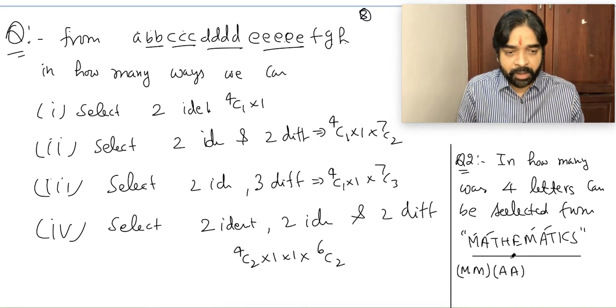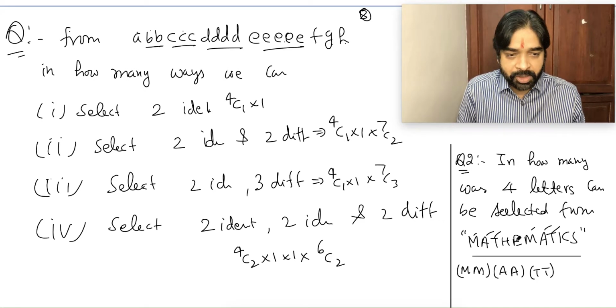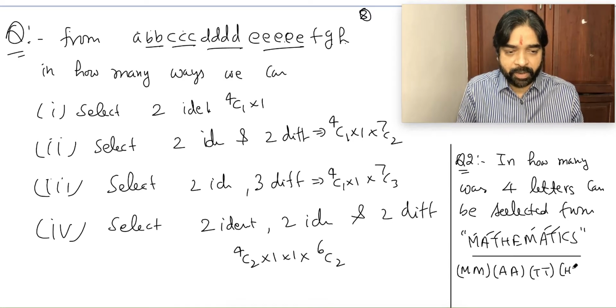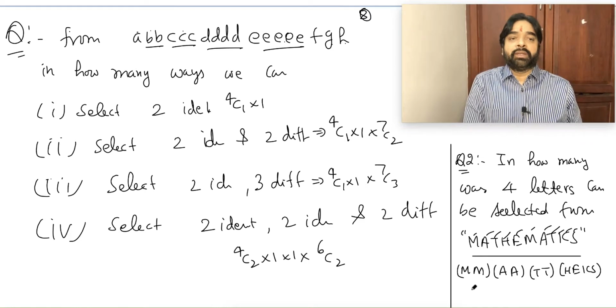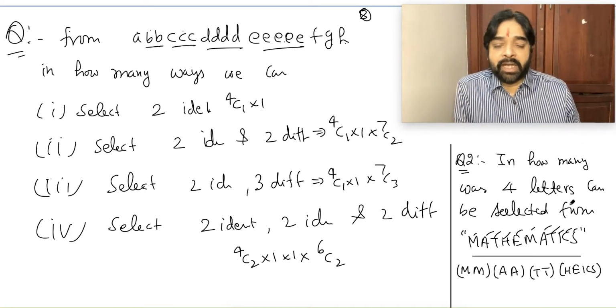Now T 2 times. Then H only 1 time. E 1 time. I, C, S 1 time each. This many letters. Now we have to select 4 letters.